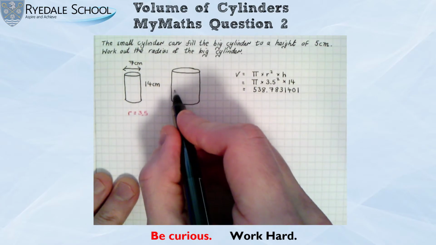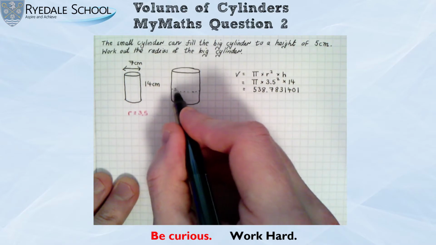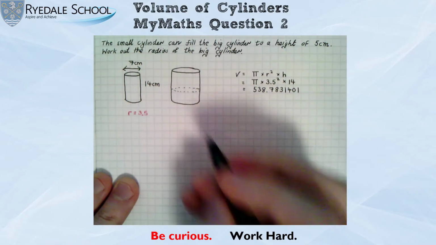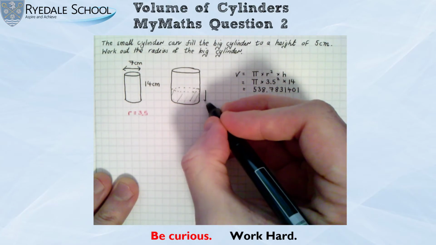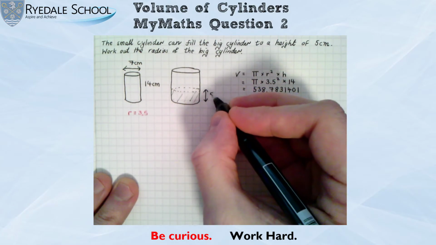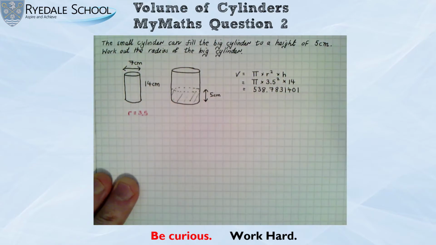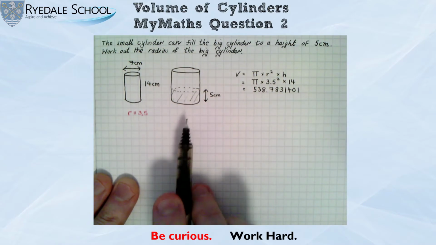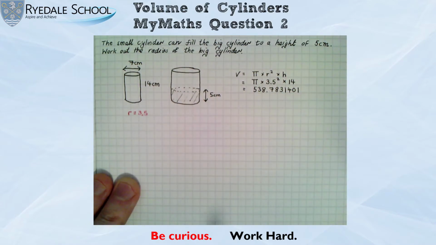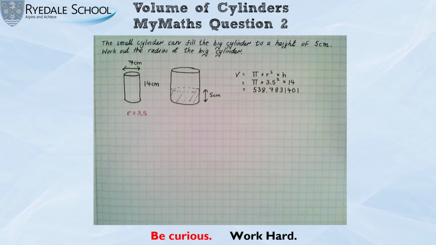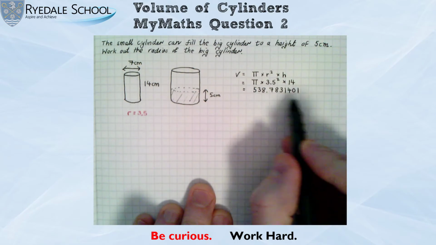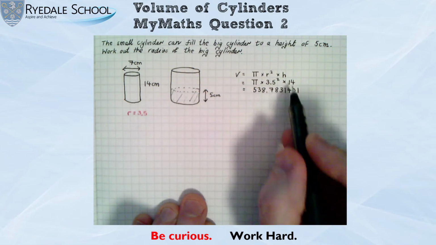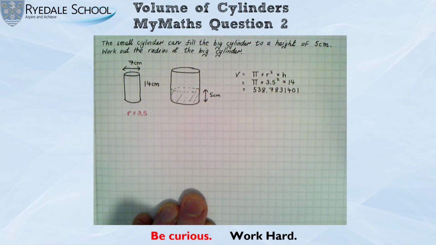So imagine I've poured some liquid in. It's filled it up to about there. And this is 5 centimetres tall. This is now practically identical to what we did with the tin of paint, except the volume isn't quite so nice. So I know that the volume of this is the same as the volume of the small cylinder.